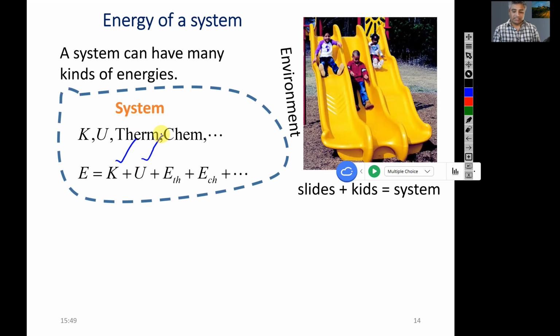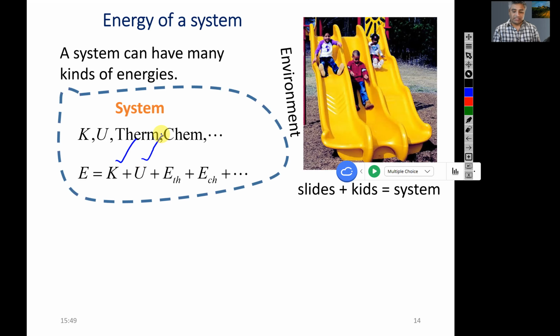That's thermal energy. And chemical reaction: if you have taken chemistry class, done some lab, you may have seen that when there is a reaction, sometimes you have to heat those reactants. Sometimes you don't have to, they just give up more heat. So that's chemical energy.